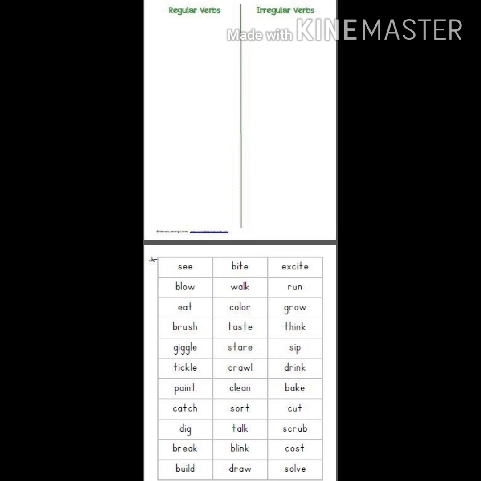After that, you are supposed to write all these words according to the definition or explanation of regular and irregular verbs. You can open your notebook. Just make columns of regular and irregular verbs as shown in the picture. Pick out each word and then write it in the relevant column.